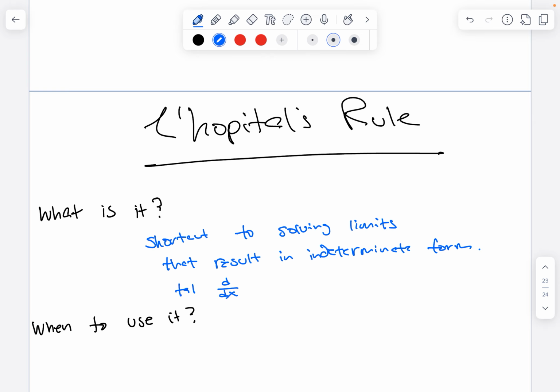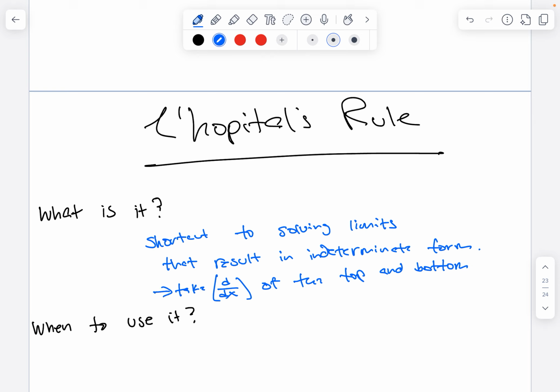You're going to take the derivative of the top and bottom. All right, so that's what you actually do.